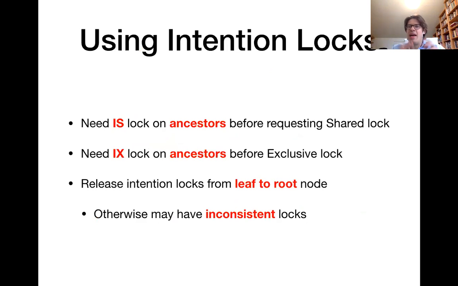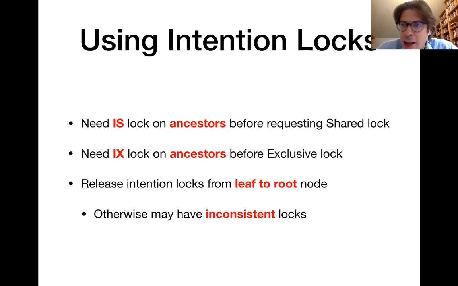All right. The general rule for using those intention locks is that before you can request a shared lock on an object, you first must have obtained intention shared locks on all the ancestors of that object in the object hierarchy. So if you want to acquire a shared lock on a row in the table, you first must acquire intention shared locks on the containing page, on the containing table, and potentially on the containing database.